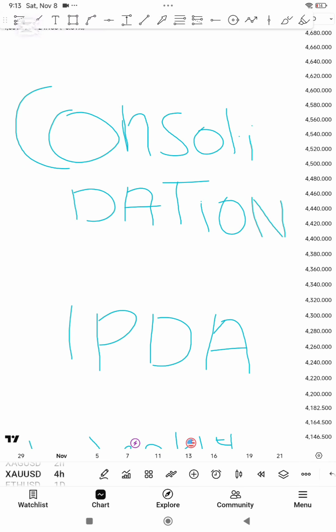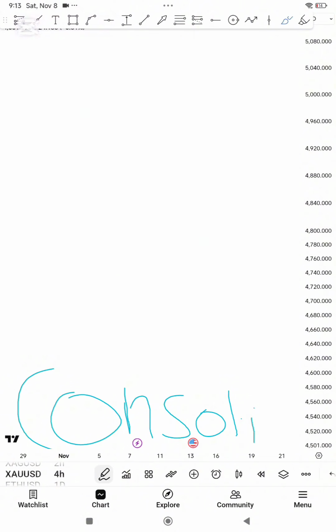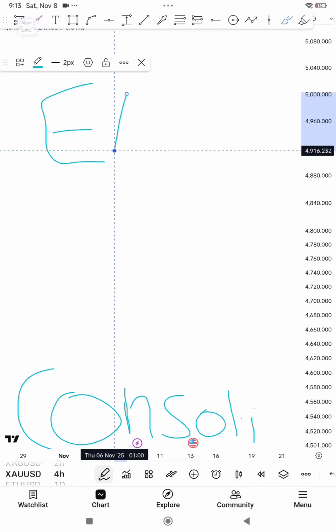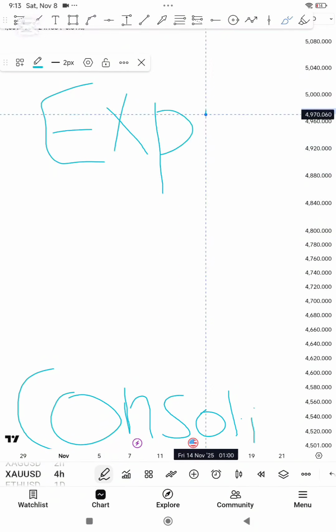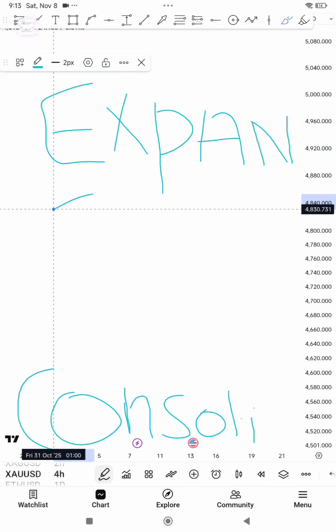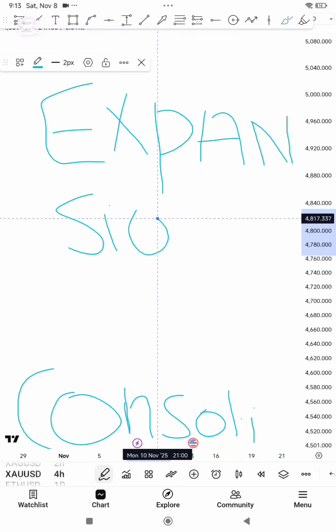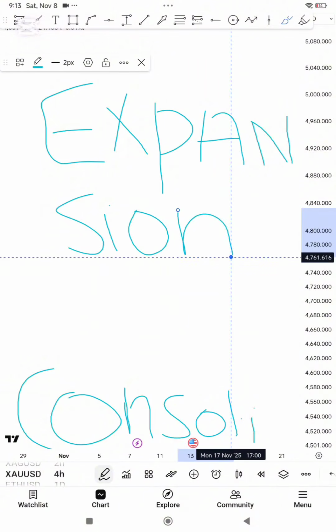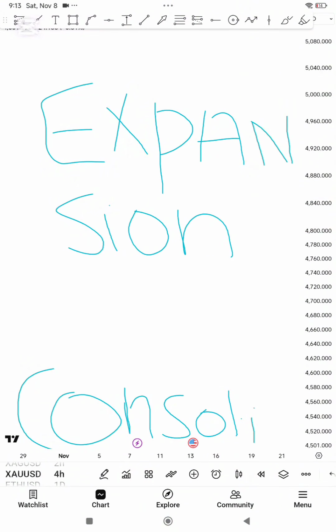Now after this consolidation, the second page is called expansion. Expansion, this is the second phase. So after collecting enough orders from both sides, the market chooses its direction following the higher time frame order flow.